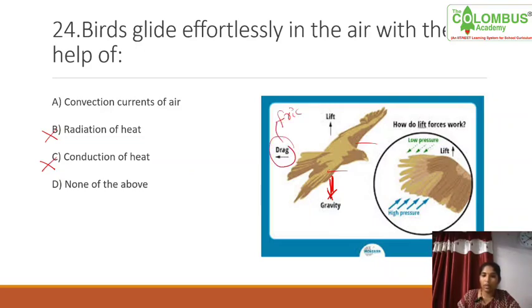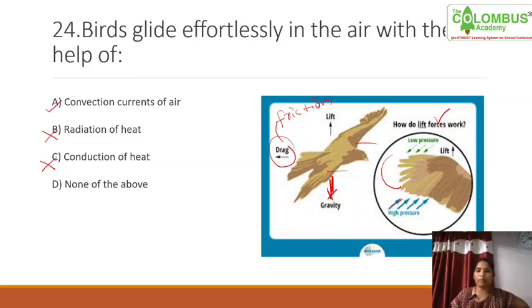Now, instead of weight pulling down and drag pulling back, how is the bird lifted up and moving forward? Yes, that is how the lift force works. While lifting, there is high pressure and you will have a low pressure. This movement we call convection currents of air.